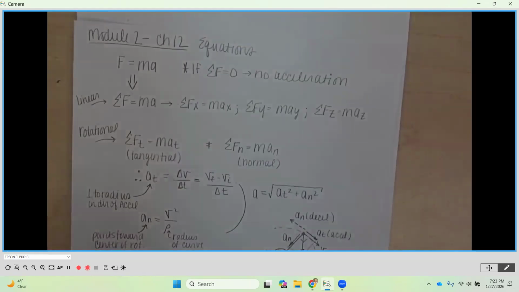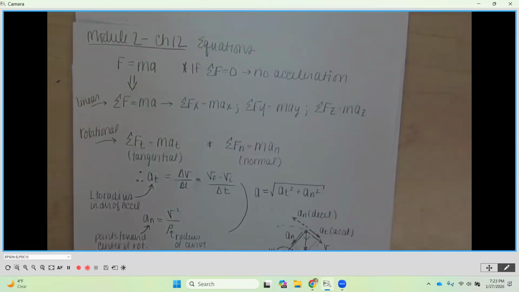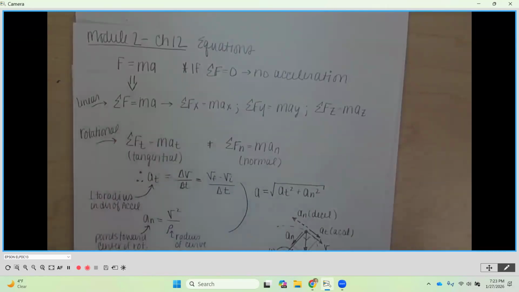At the top here, you're going to notice that Newton's second law says that force is equal to mass times acceleration. If there's an external force acting on something and it's not zero, that means it's moving and accelerating because there is a net force. Then the sum of the forces is going to equal the sum of the mass times the acceleration of that object.